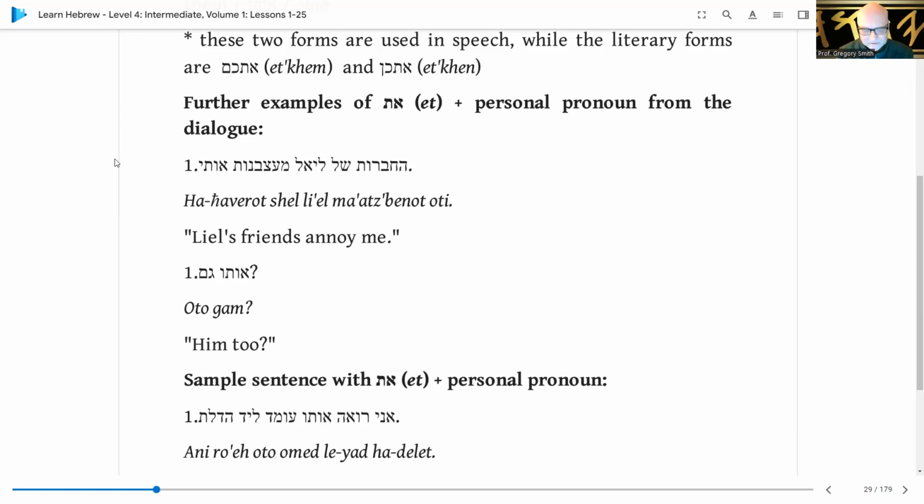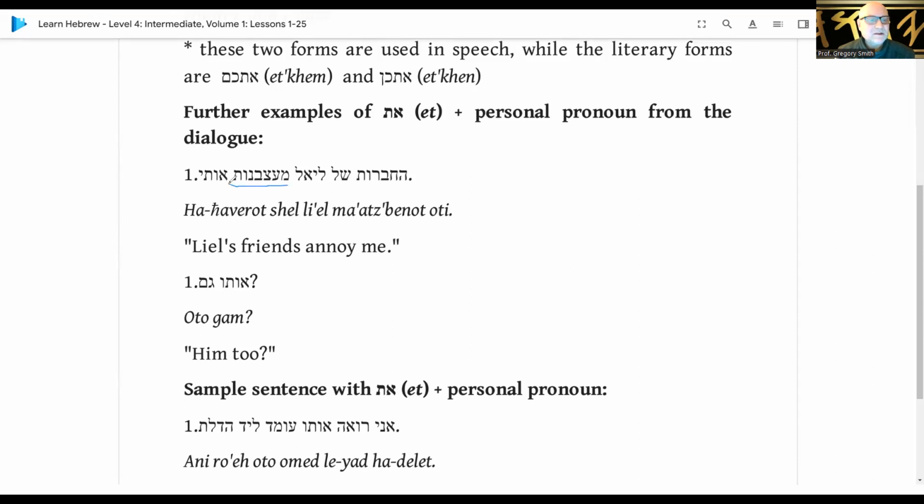It's almost like mats'benot. Look at that right there. It means annoying. And then Oti would be like me. So Liel's friends annoy me. Then we have Otocham. This course is the masculine singular, him too.